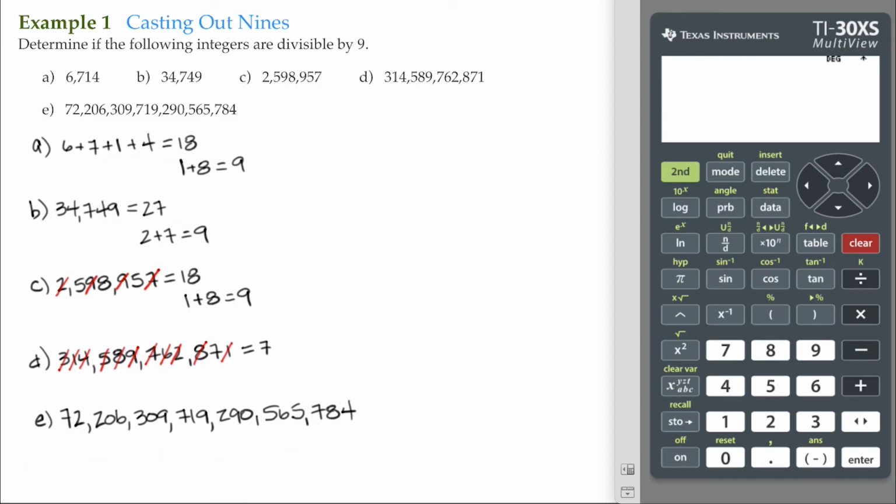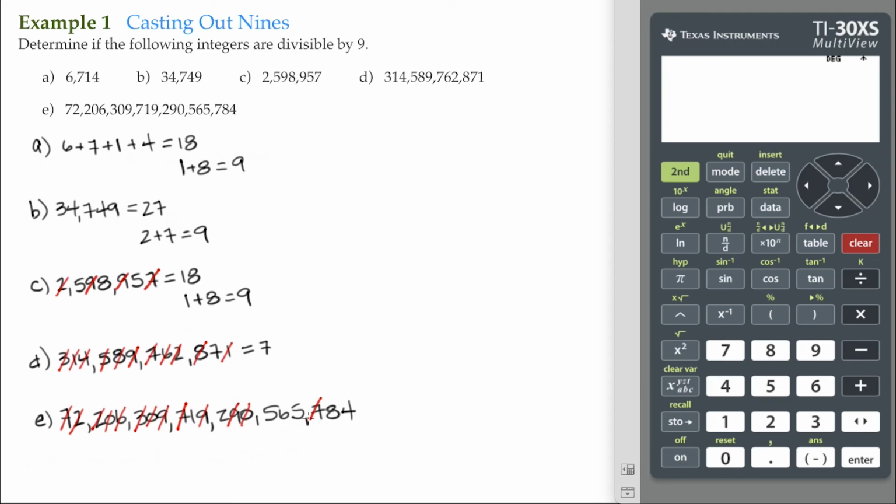The first thing we could do is get rid of 9s. And we can get rid of 0s. And then anything that sums up to 9. Here's 7, 8, 9 right here. 6 and 3, that makes 9. Here's a 2 and a 7 right here.